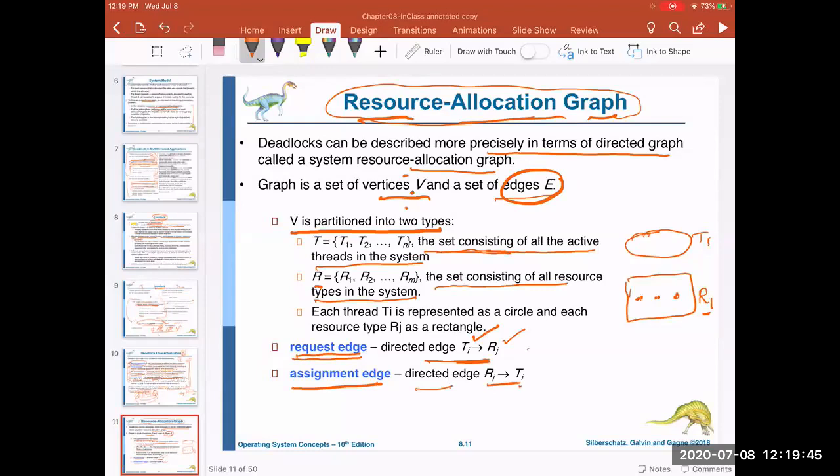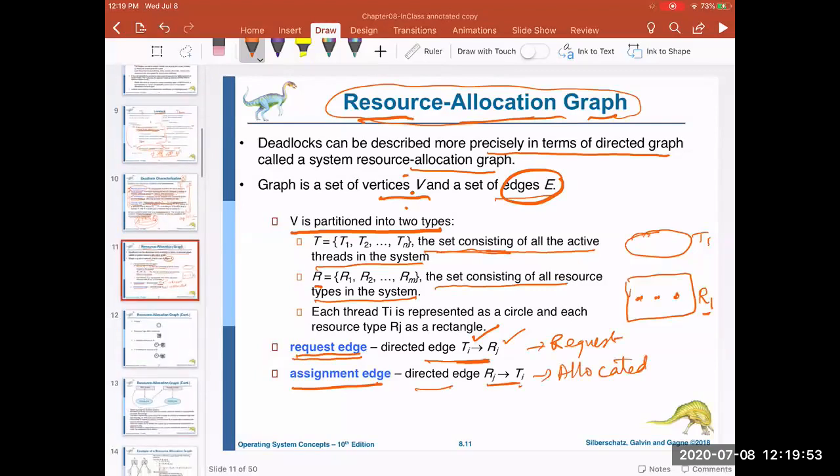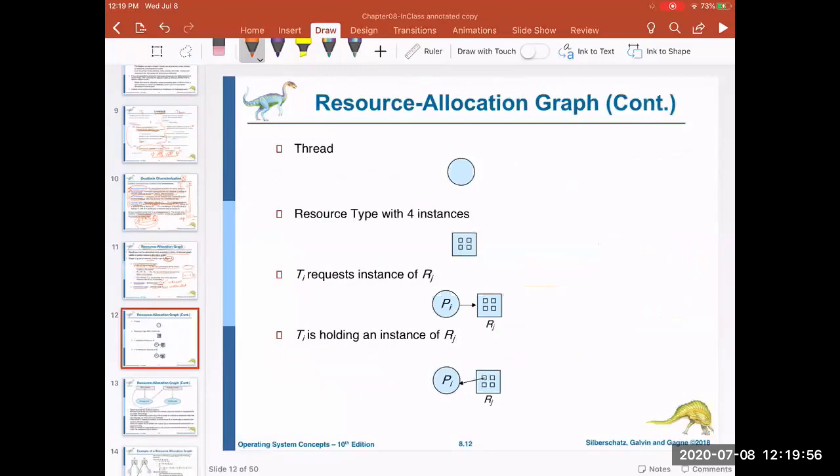So this is request, this is allocated. The symbols are: this is a thread, this is a resource, and with 4 dots it means it has 4 instances.